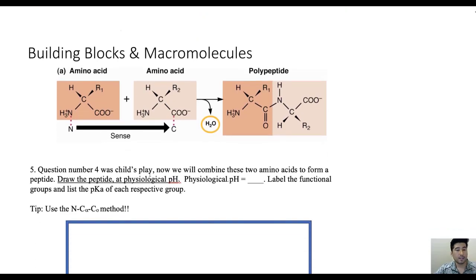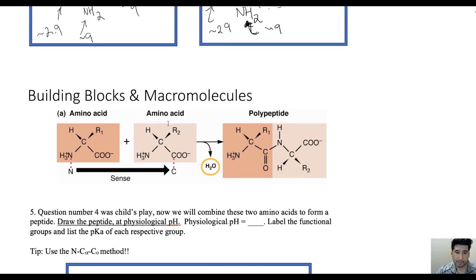Alright, so building blocks and macromolecules. If we look over here, we've got 2 amino acids, amino acid 1 and amino acid 2, and they can actually come together to form a polypeptide.